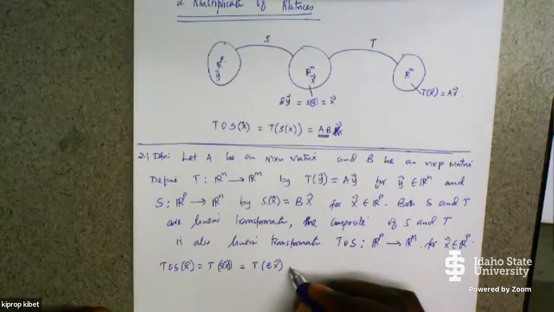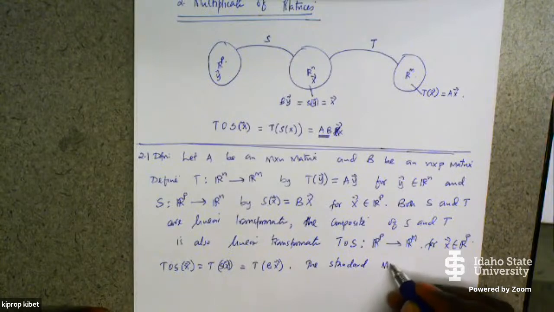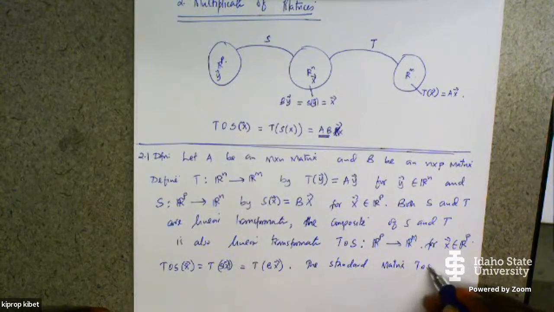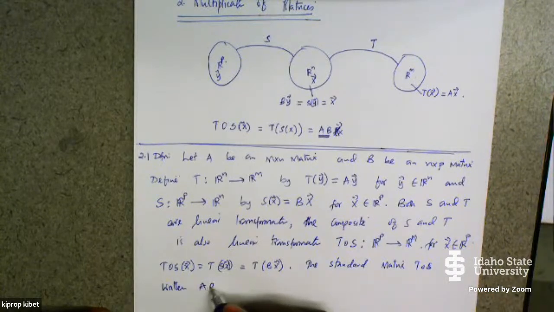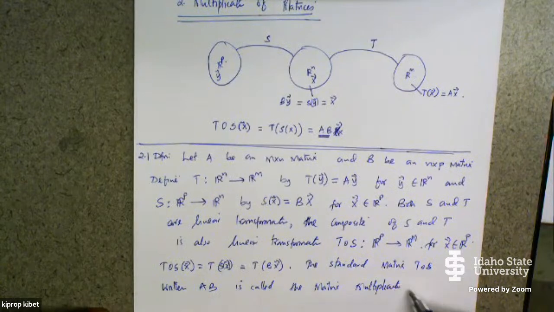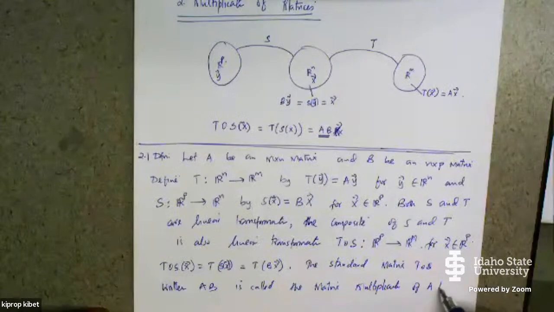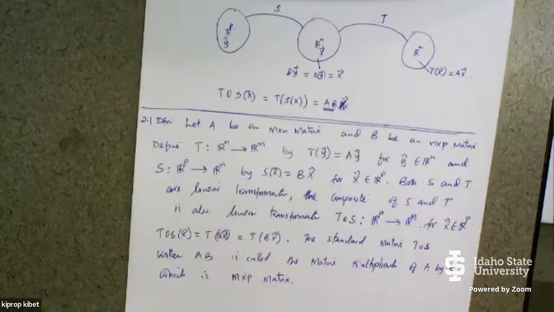So the standard matrix of T of S, which is written as AB, is called the matrix multiplication of A by B, which is an m by p matrix.